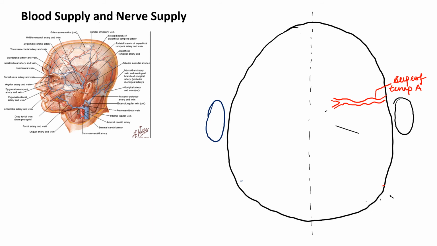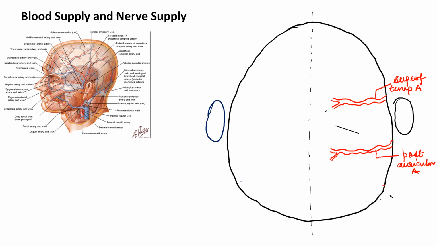So it's the terminal branch of the external carotid artery, running anterior to the auricle, and in the scalp also it comes anterior to the auricle and supplies this area of the scalp. Now, posterior to the auricle is the posterior auricular artery, which is also a branch of the external carotid artery, right? Posterior auricular artery.